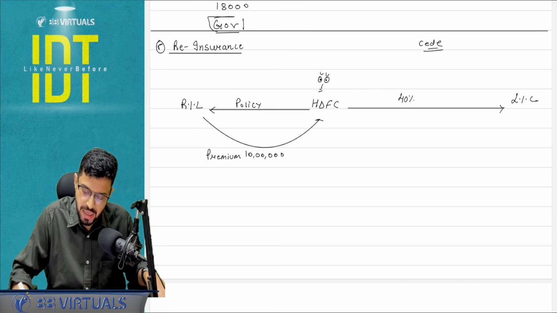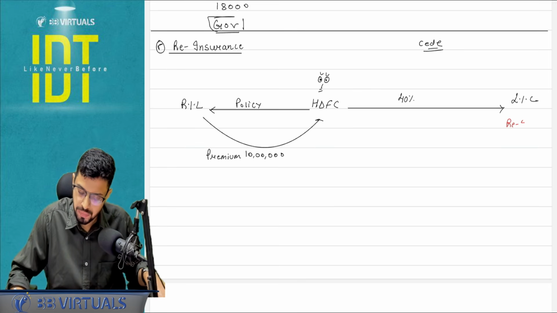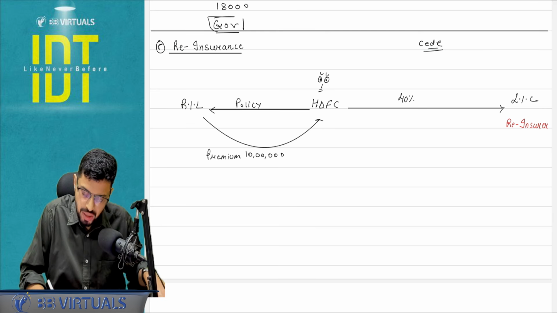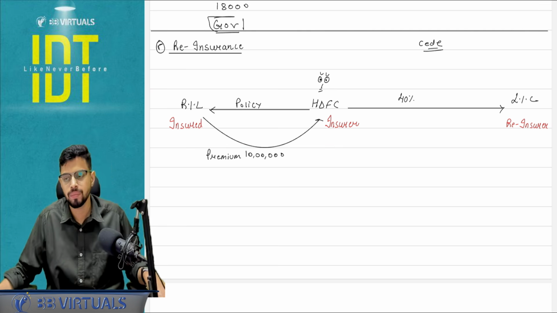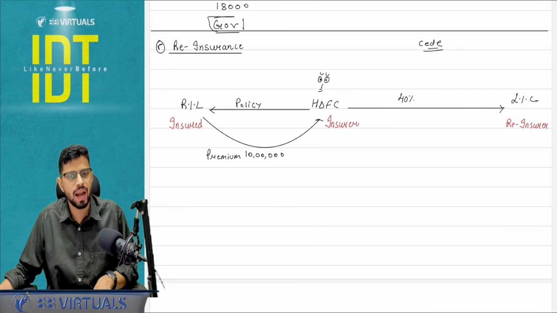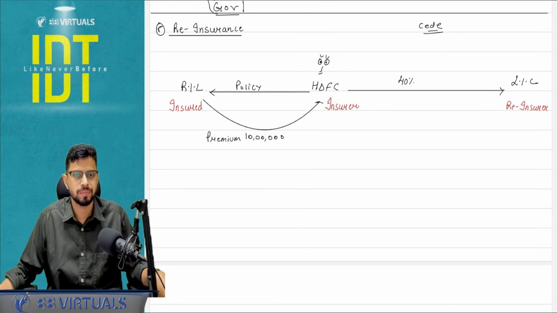So LIC is the reinsurer. And HDFC is the original insurer. And RIL is the insured.